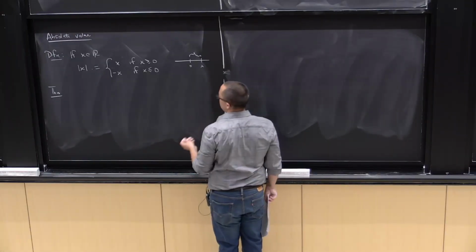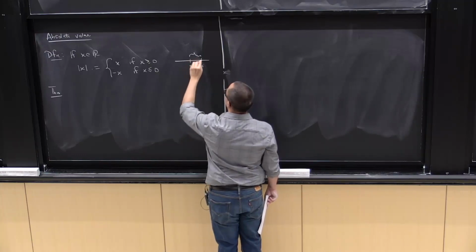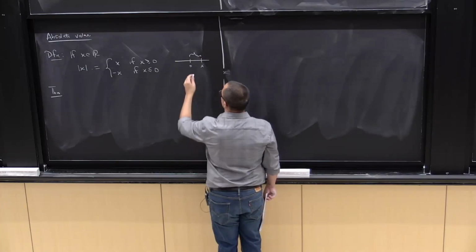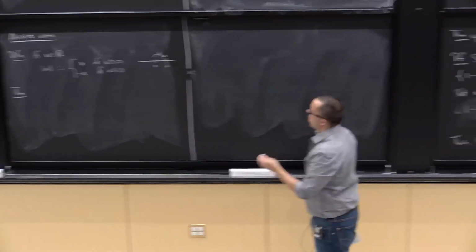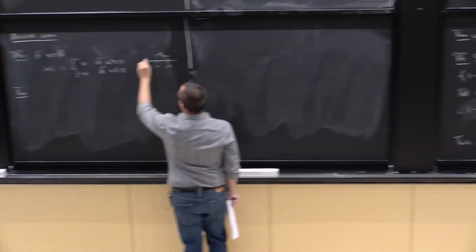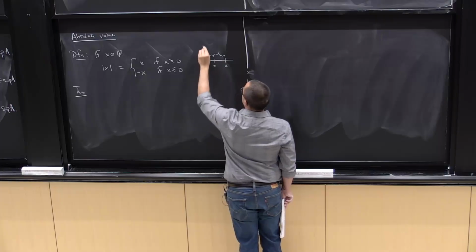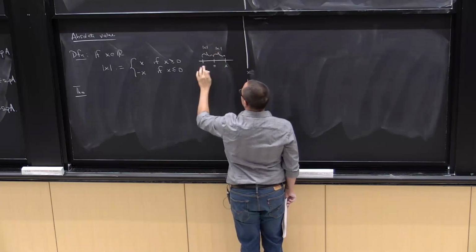It's supposed to represent the distance from x to 0, which is why it's always non-negative. I mean, if x was over here, then this distance is meant to be the absolute value of x.